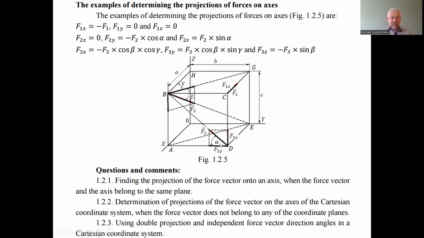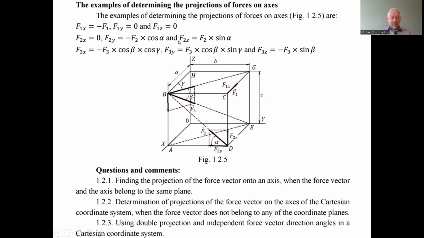The projection is directed opposite to axis 0y, so we use the minus sign.